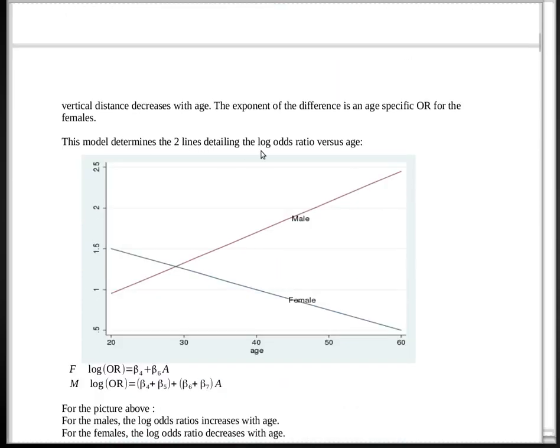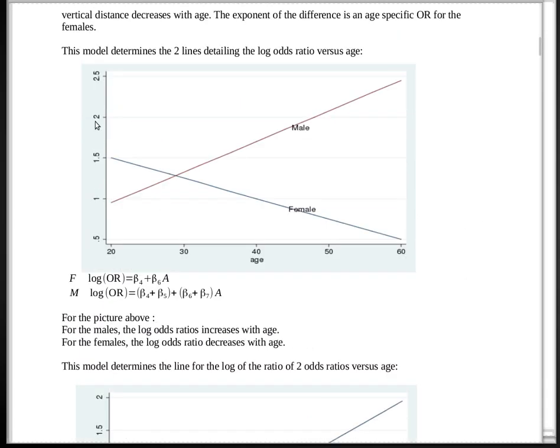The log of the odds ratio rises with age for the males and declines with age for the females. Just to be clear, the vertical scale here is the log of the odds ratio, and this is age.